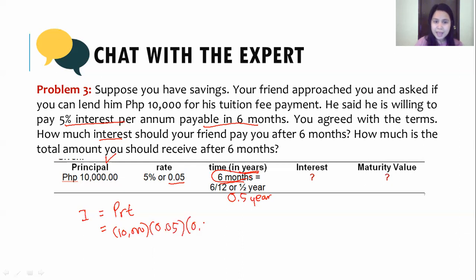Our time is half, 0.5 year. Let's multiply them all. You will have 250 pesos. So the interest is 250 pesos. So after 6 months, your friend needs to pay, you add this to the principal, 10,250 pesos. Questions? Easy, right? Let's go to the next one.